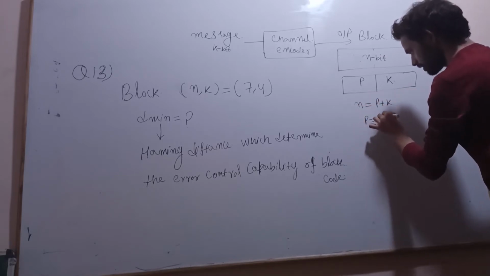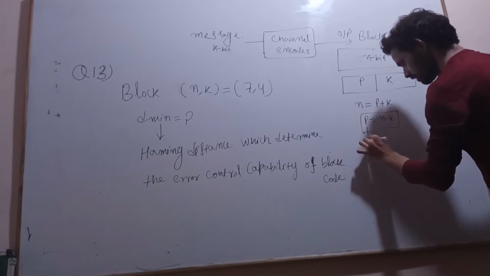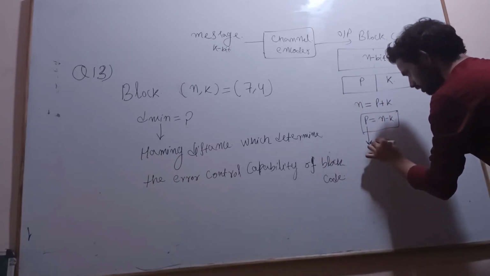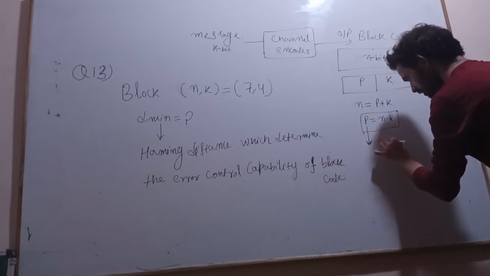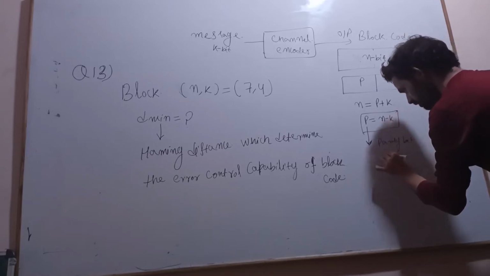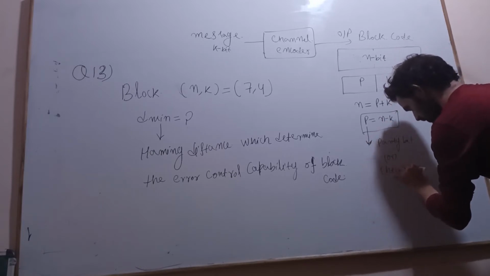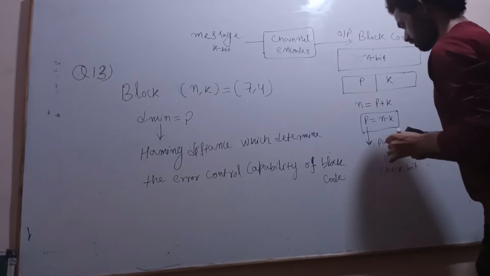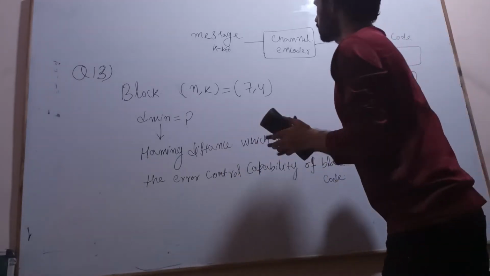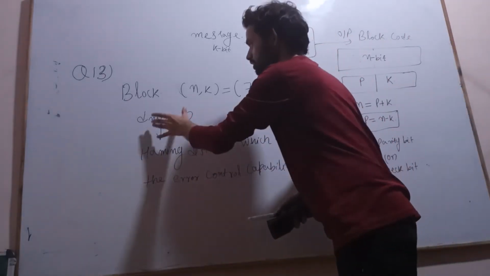P is the number of parity bits, or you can say check bits. This is my block code.